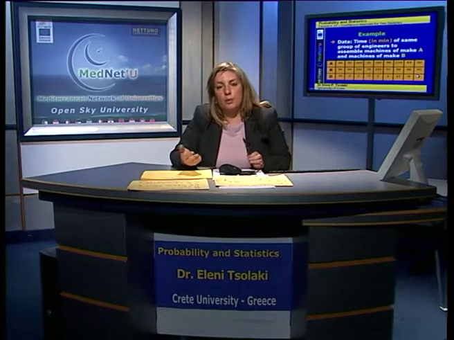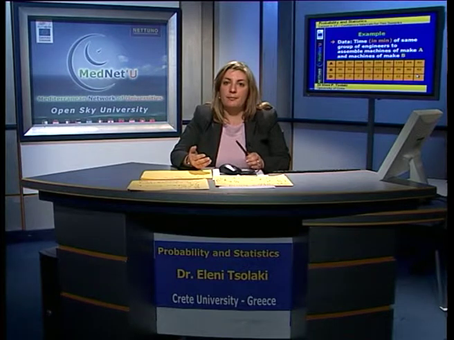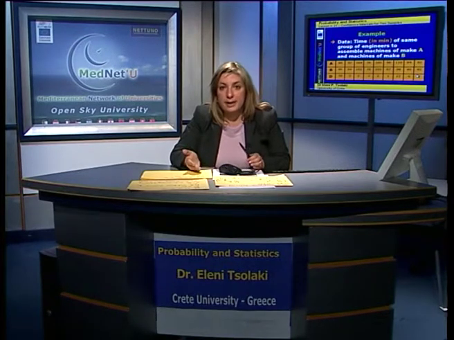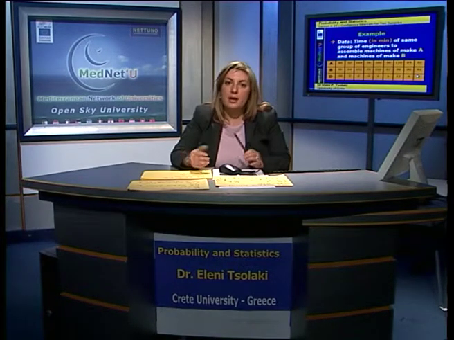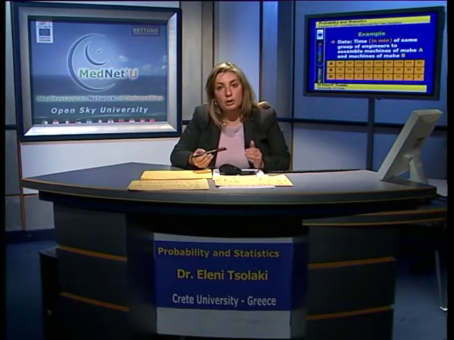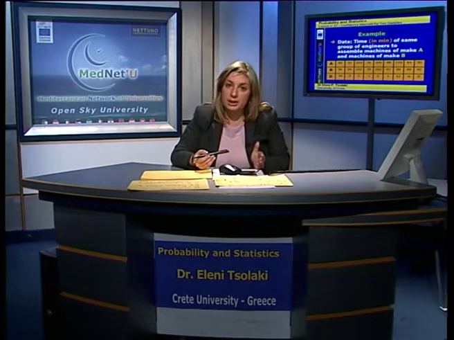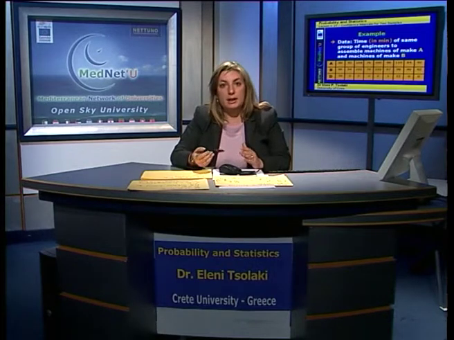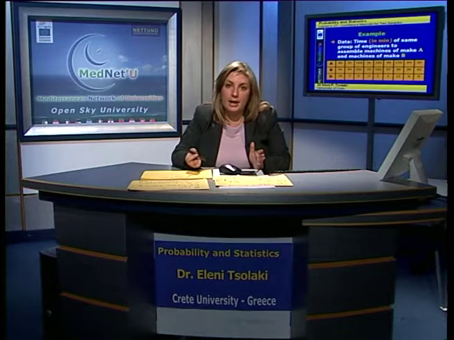Now here we understand that the data are not independent, as we would expect that an engineer who takes a long time to assemble one machine will probably take a long time to assemble another machine, and the other way around.